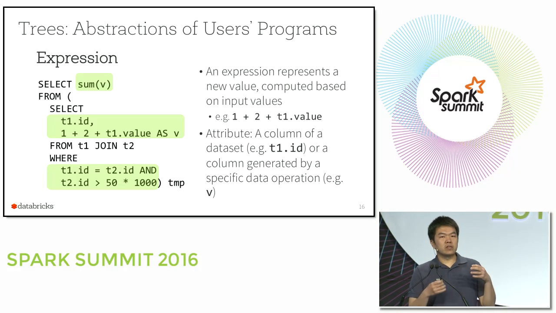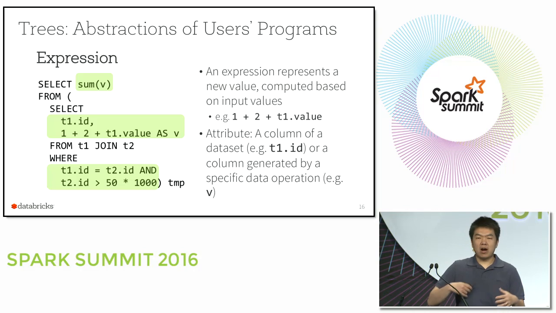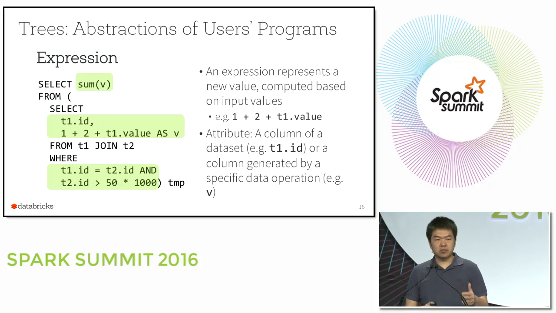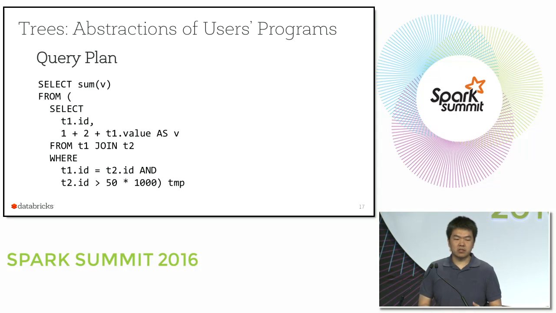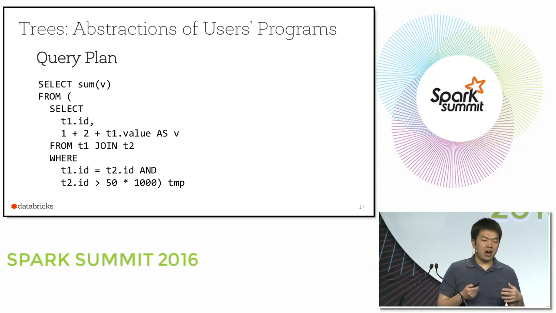So now we have expressions to describe how we generate a new column using input columns. We also need a way to describe how we generate new data sets using the input data sets. And a query plan is used for this purpose. A query plan describes a data operation like aggregate, join, and filter.